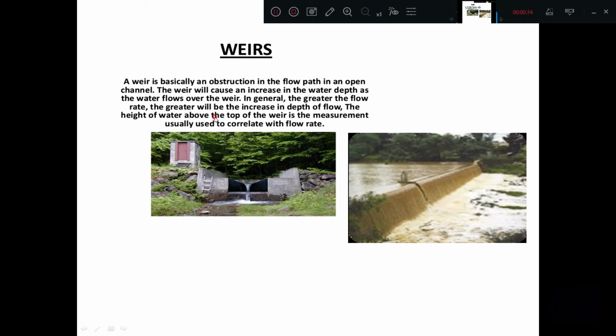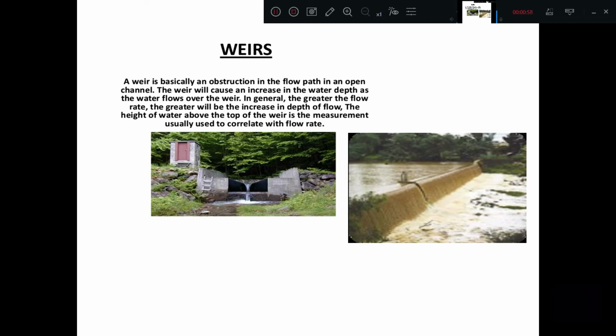In this particular session we will be discussing weirs. In that also there are various types of weirs: broad crested weir, ogee type of weir, narrow crested weir, and sharp crested weir. There are so many types of weirs.